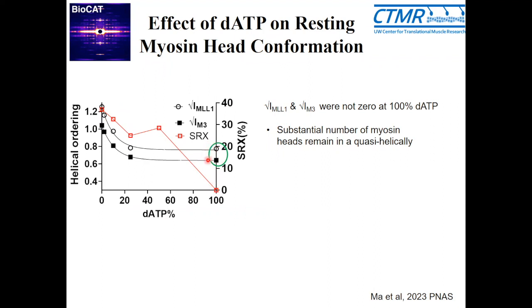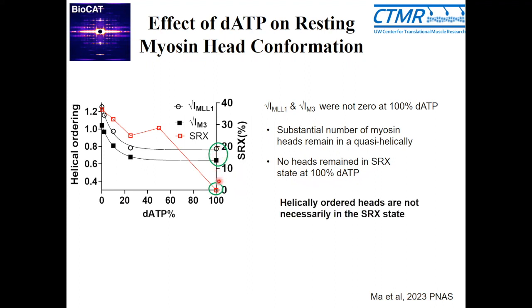So look at this circle. At 100% deoxy ATP, there's a substantial amount of head still in the helically ordered state. But at this state, there's no head in the SRX state. So just follow this: a lot of heads in the helically ordered state, but no SRX state. That means helically ordered states are not necessarily in the SRX state.